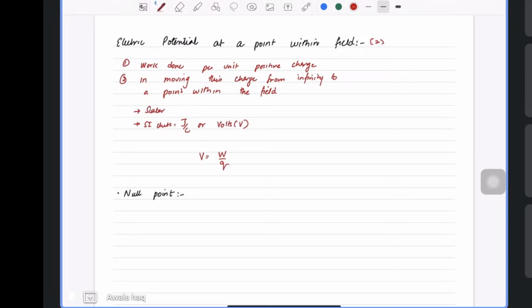Now, considering this, we can also write it in other form, like for a non-uniform field, because we know that potential is given by force times the distance that we're looking at over charge, because work done is force times distance, right? And since force is given by kq over r square, we can plug it in. By plugging it in, voltage is going to be kqq over r square times r divided by q.